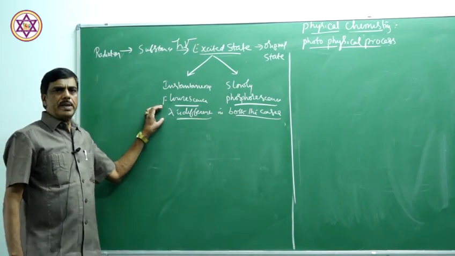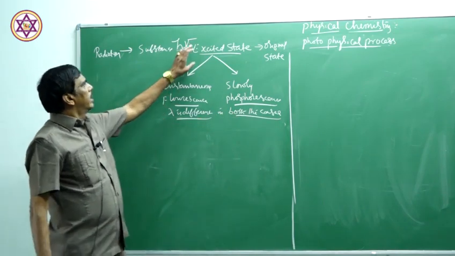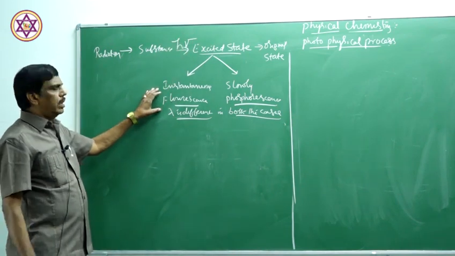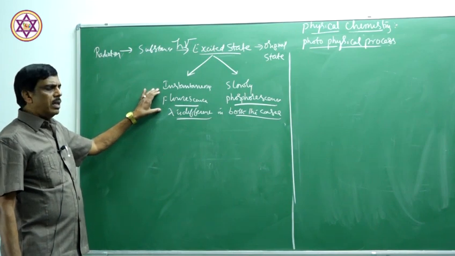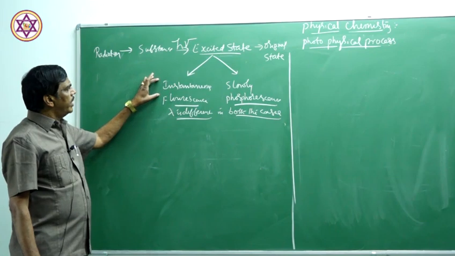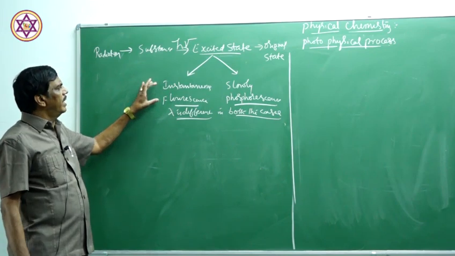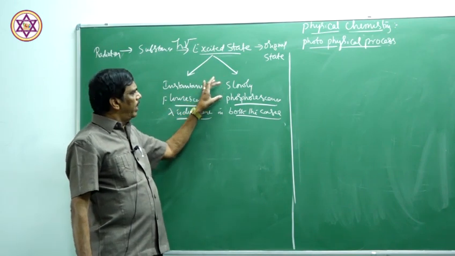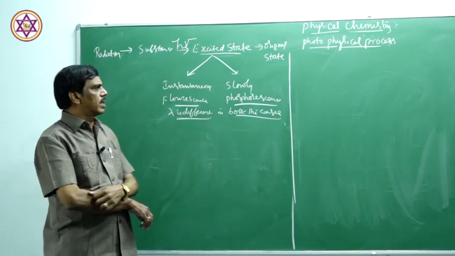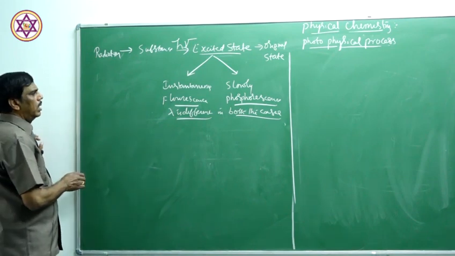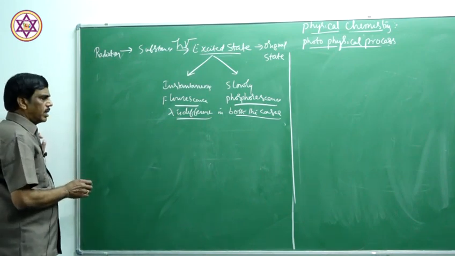Usually, the wavelength emitted is larger than the absorbed light. Light of different wavelength is emitted. If the emission is instantaneous, it is called fluorescence, and if it is slow, it is called phosphorescence. Now, let us see in detail what fluorescence and phosphorescence are.